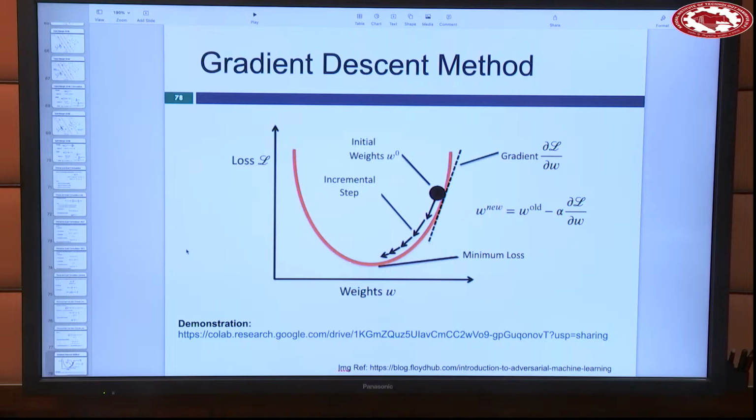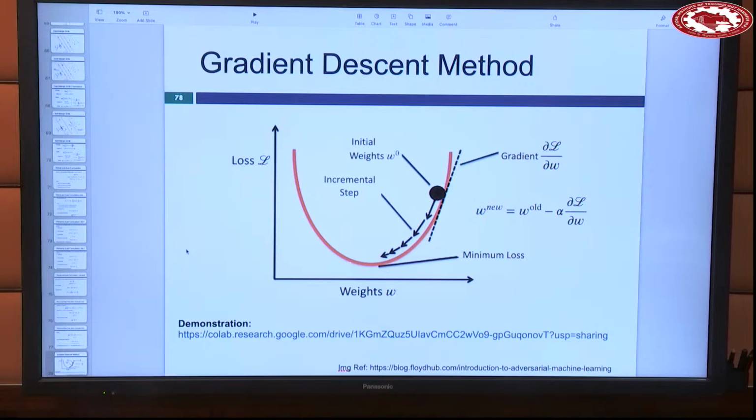So, see here, if you want to minimize this convex function, and you have W naught, then the first update, W1, will be W naught minus some step size into the gradient, that is del L by del W. This W1 will have a value less than W naught.